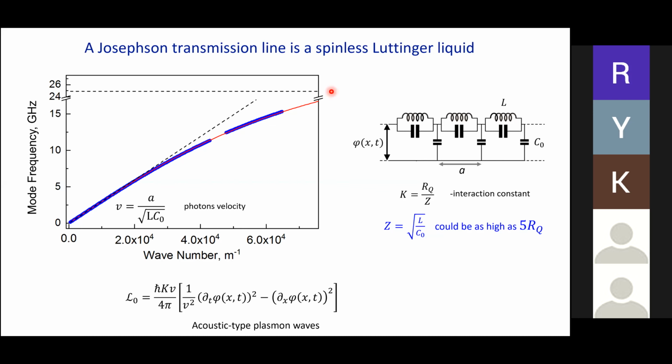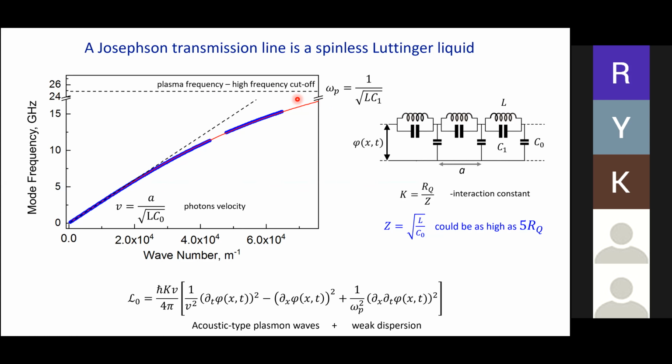Then there is this saturation and dispersion to the plasma frequency, the highest cutoff. That's where this capacitance starts to play a role. And it's good for us, because by fitting this dispersion relation we can extract these two numbers very accurately and get a value of the impedance.